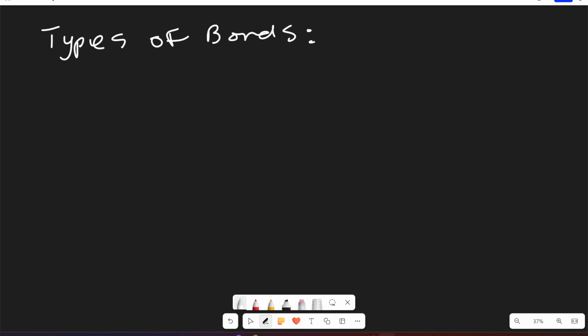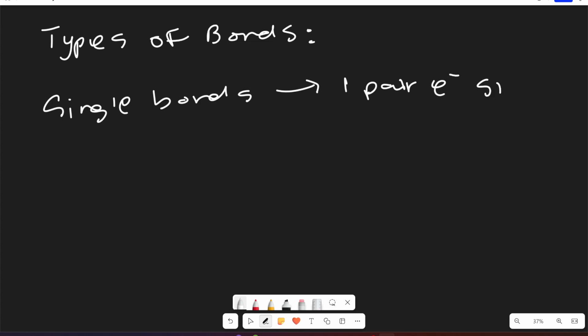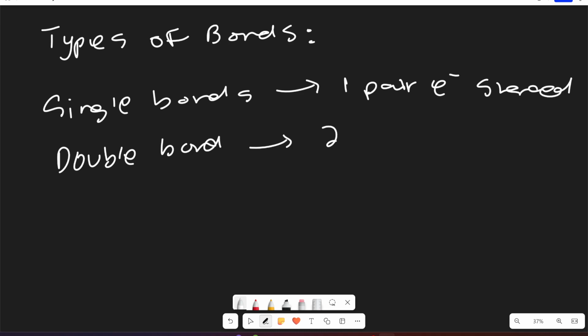We have single bonds, where one pair of electrons is shared. Then we have a double bond, where two pairs of electrons are shared.